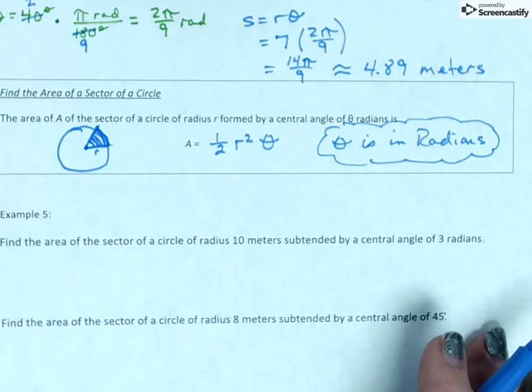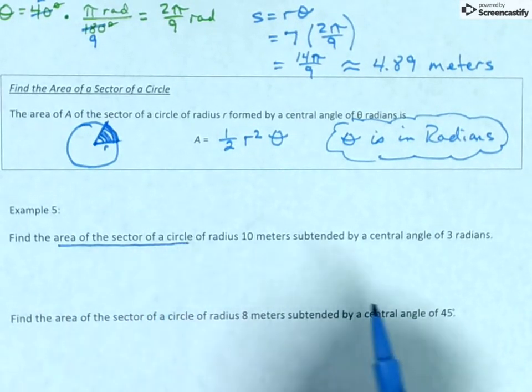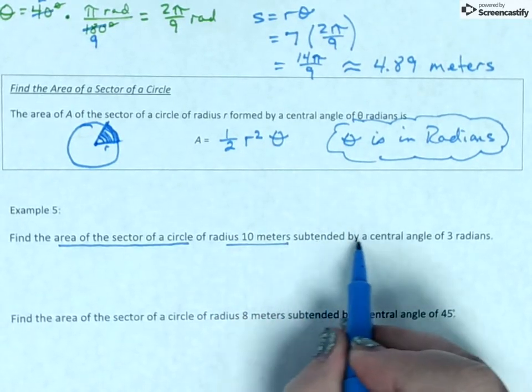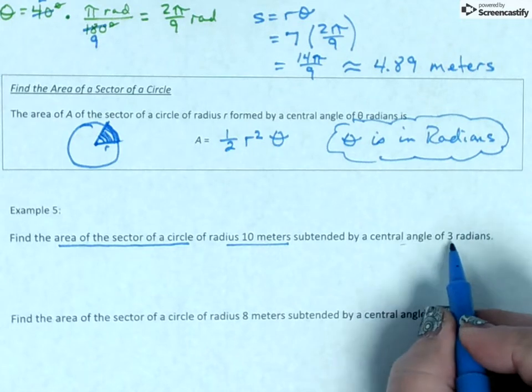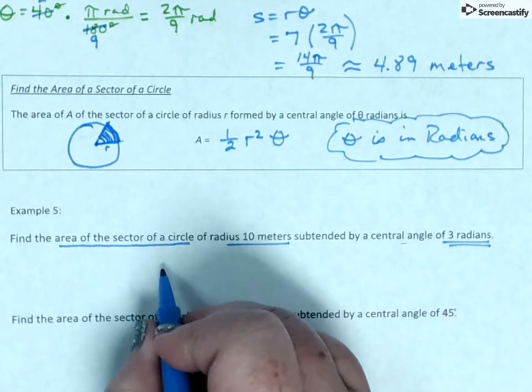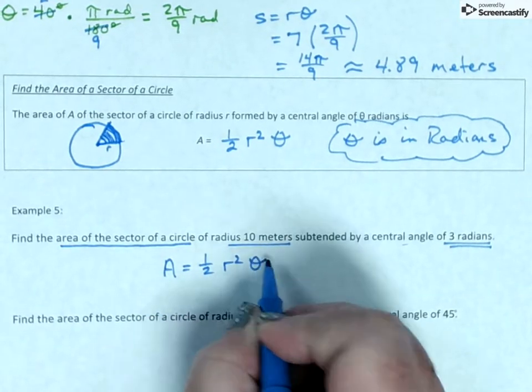So let's take a look at example 5. Find the area of a sector of a circle with a radius of 10 meters, subtended, which means it's cut out, by the central angle of 3 radians. That's in radians. That's what we want. So we'll just write our formula. Area equals 1/2 R squared theta.